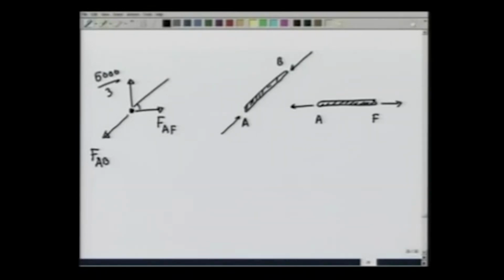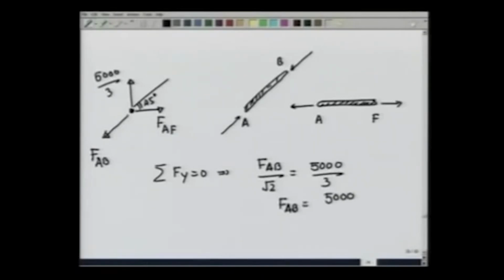This angle is given to be 45 degrees. Summation Fy equal to 0 gives me F_AB over root 2 equals 5000 over 3, or F_AB equals 5000 root 2 over 3 newtons.